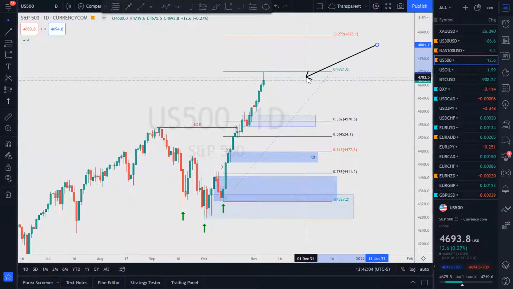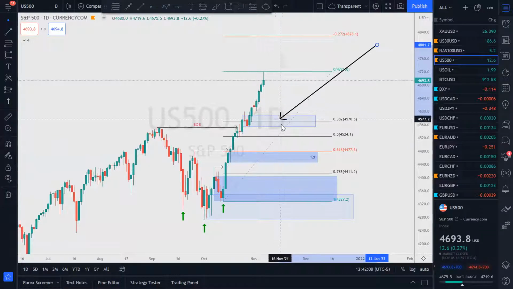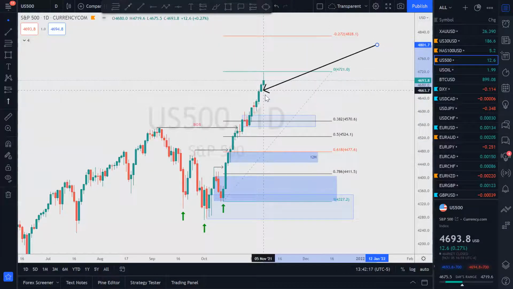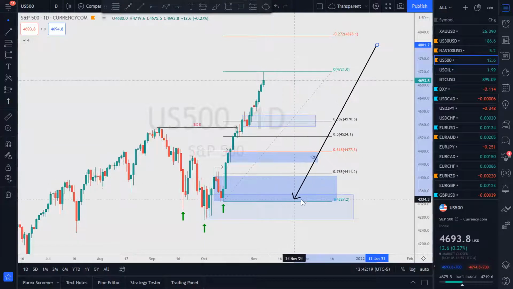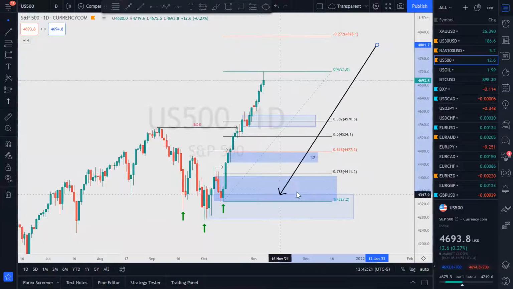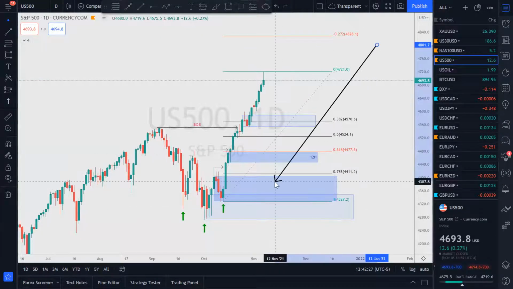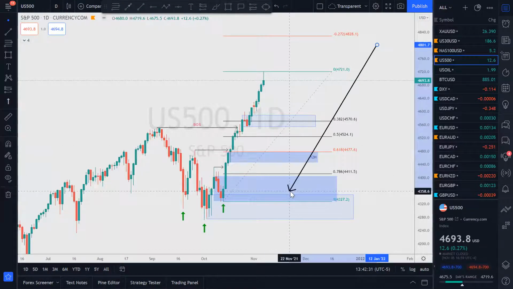The 50% area is for retailers, for dumb money, for people who say, hey, price will probably return to this 38 Fibonacci retracement, this magic level, and go up. No, you wait for a proper pullback, and you wait for a discount price to get in. That's all it is. If it doesn't come down here, no harm, no foul. I want a better price, and I will be patient enough to wait for it.